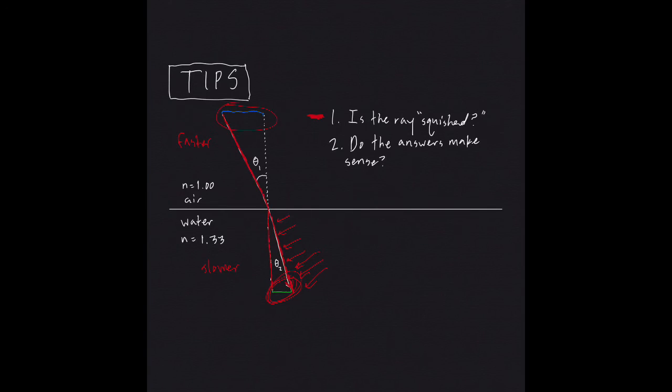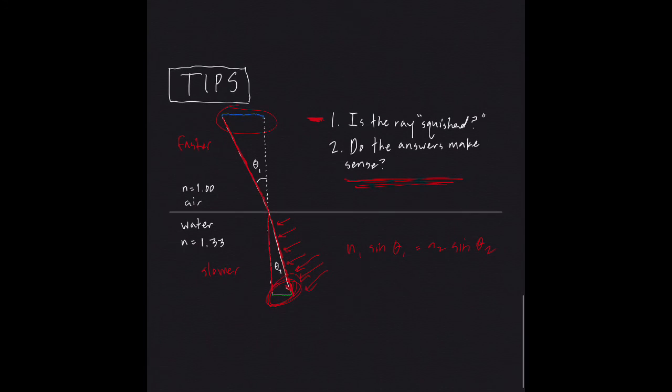Also, when you get an answer, you want to ask yourself, do the answers make sense according to Snell's law? So let's write out Snell's law. N1 sine theta 1, N2 sine theta 2. And for this problem, we know that this is 1, and we know that this is 1.33. And we know that both parts of these equations are equal to each other.